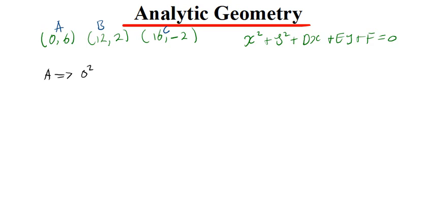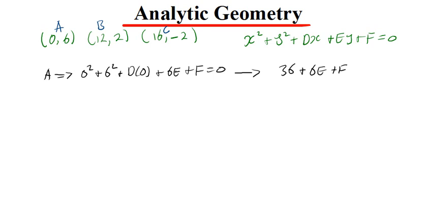This is going to be 0 squared plus 6 squared plus d multiplied by 0, which is still 0, plus ey, our y is 6, so that will be 6e, plus f equals 0. So now you observe that this just ends up to be 36 plus 6e plus f. Okay, and maybe let me write it this way. Let me say minus 36 here, then I can get rid of this from here.